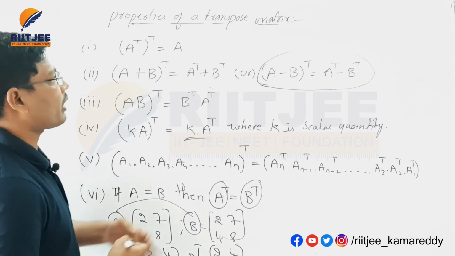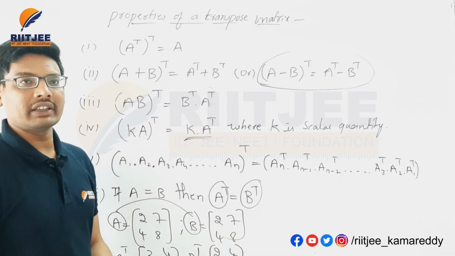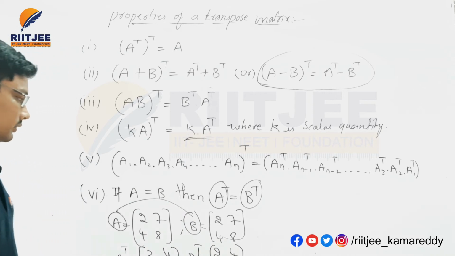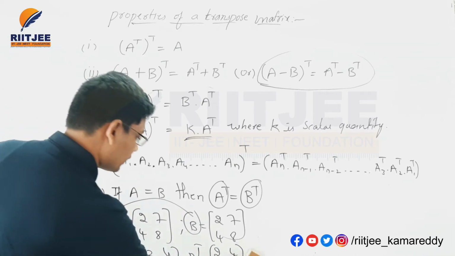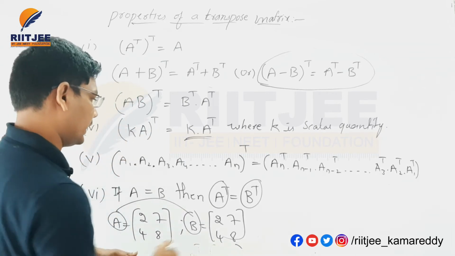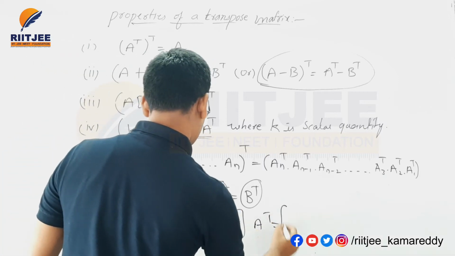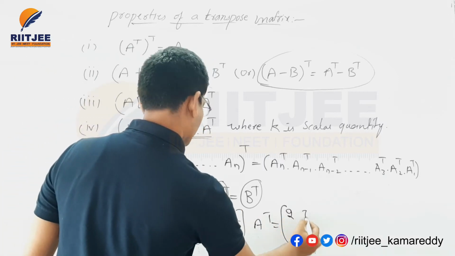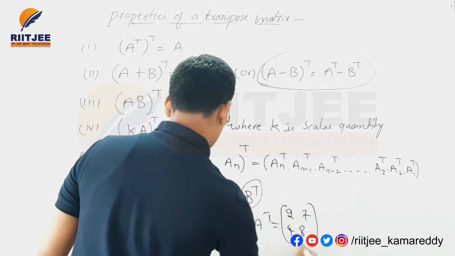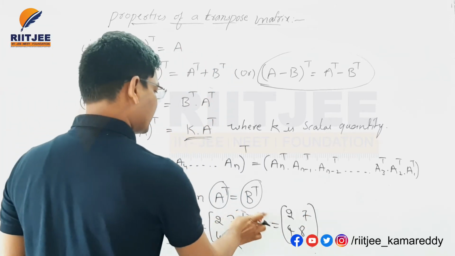This is all about properties of the transpose of a matrix. Here I am repeating once again: A is 2, 7, 4, 8.